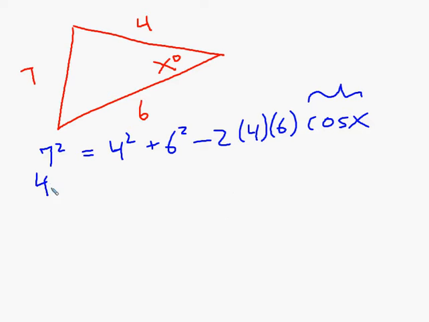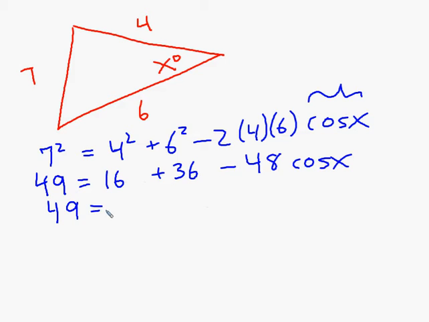So I go through and I simplify, following the order of operations. Okay, next step, 16 plus 36, which is 52. Do not subtract 48 from the 52. Okay, now what do we do?